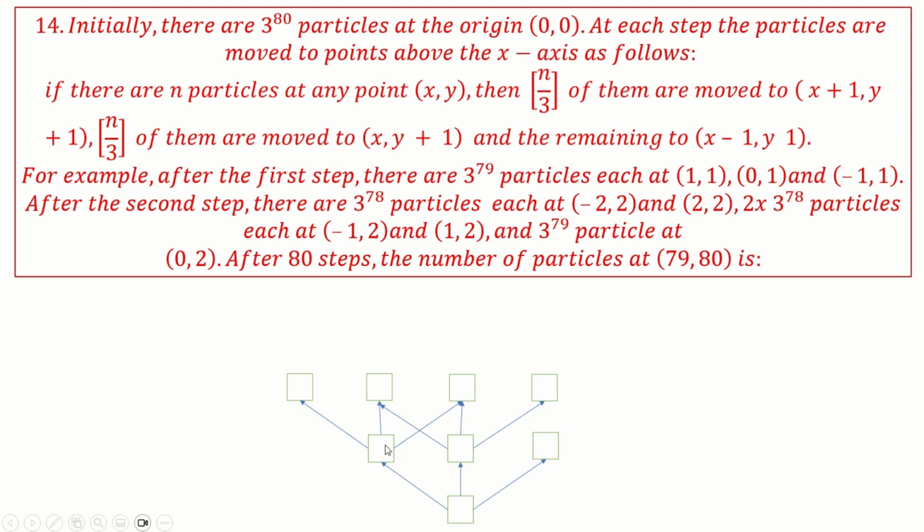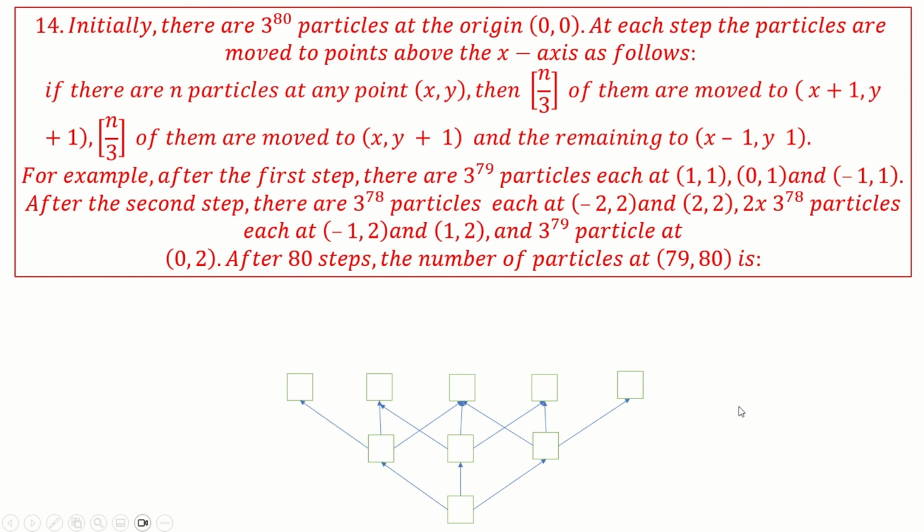From here you get some x part, from here you get another x, so it will become 2x. Similarly, this will become 3x, because 3 particles from the level below share their part into this one. So 1 by 3, 1 by 3, 1 by 3. You will get 3 times the 1 by 3 basically. 2 times 1 by 3, like this.